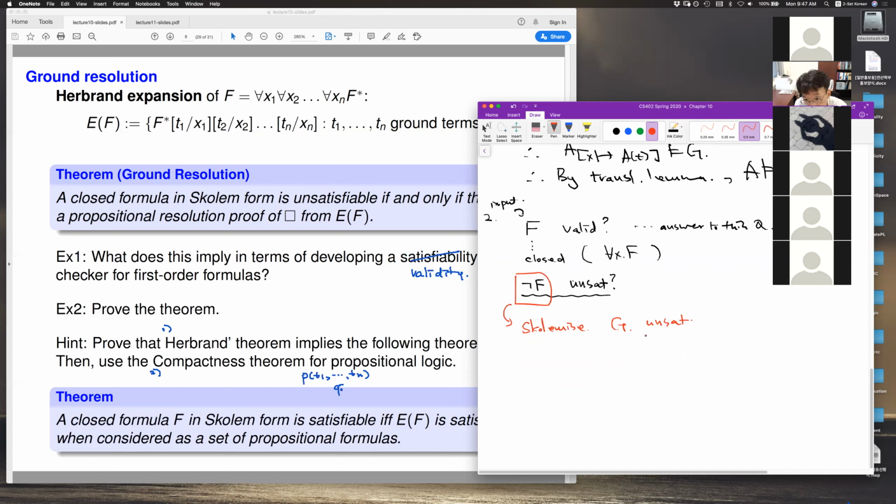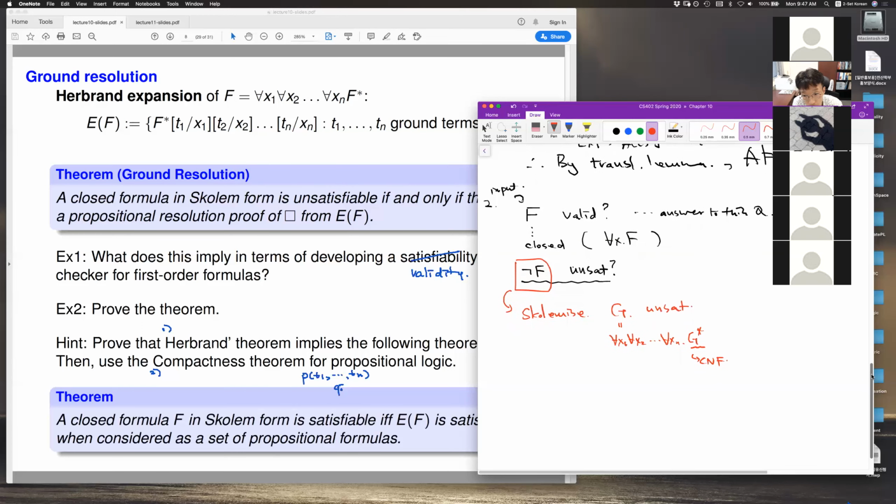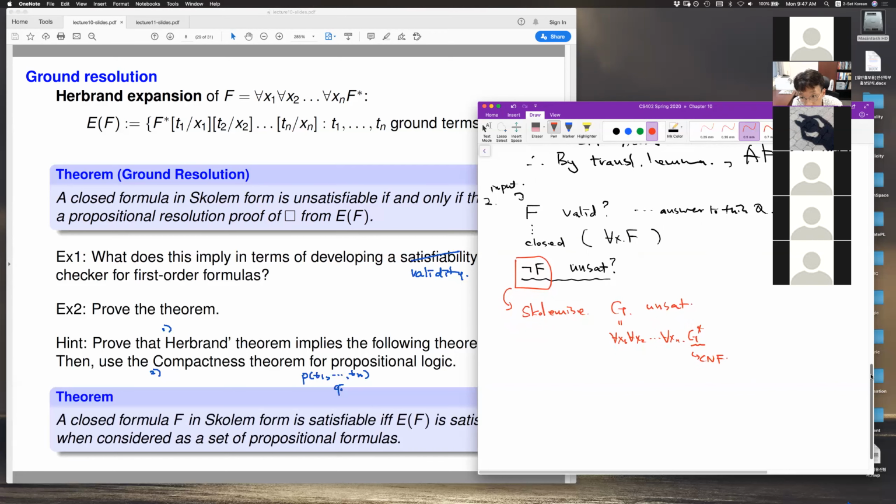So, okay, we do a little bit more work. Because G is a Skolem formula, we have a universal quantification like for all x1, x2 to xn, and then G star. Now we transform G star into CNF form. That's exactly the transformation of any propositional logic formula into CNF form. We just apply it and get the CNF formula for G star.